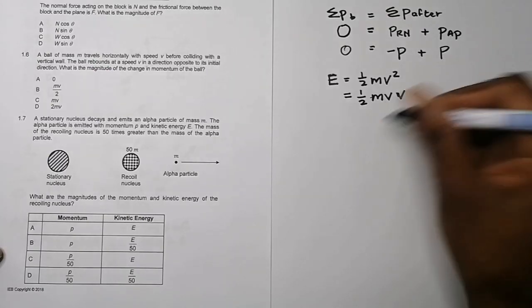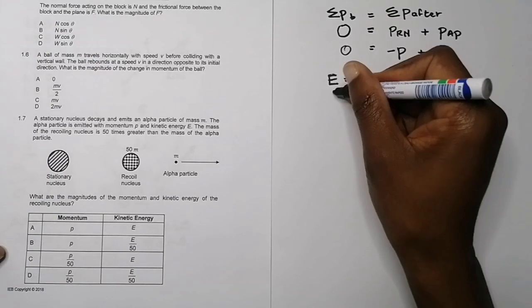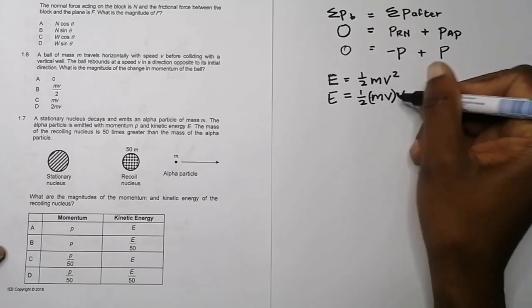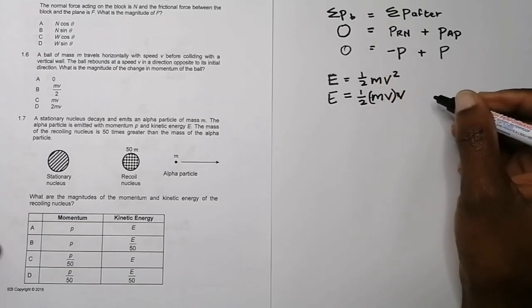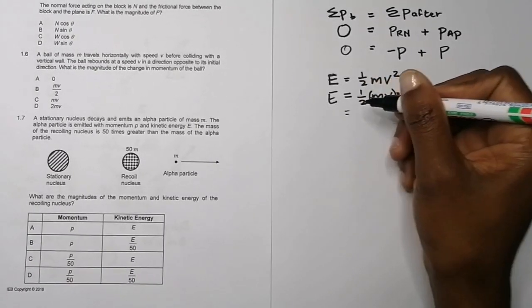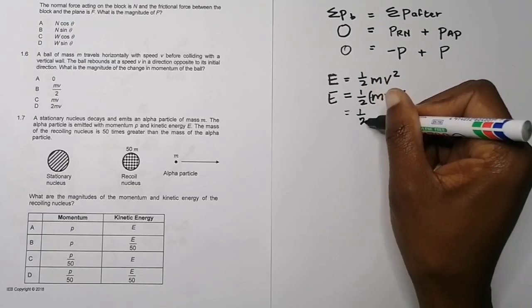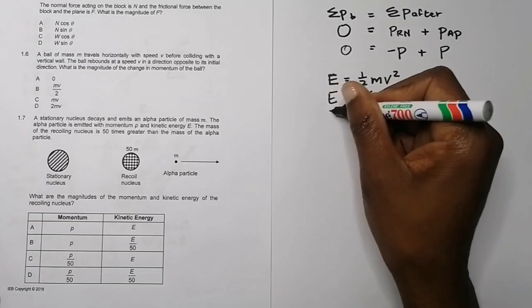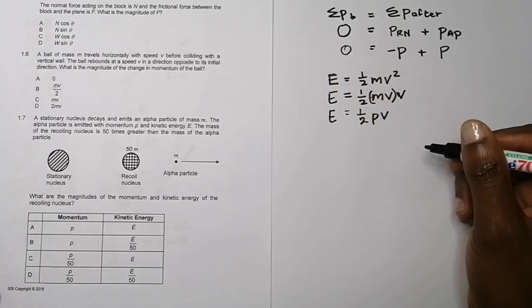So E would be half of mv times v. But mv is already the momentum, and we know the momenta are the same. So in this case, I can simply say this is half of P multiplied by v. So this was given as our momentum.